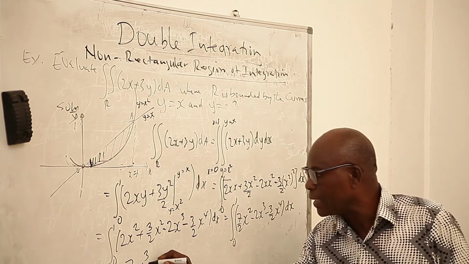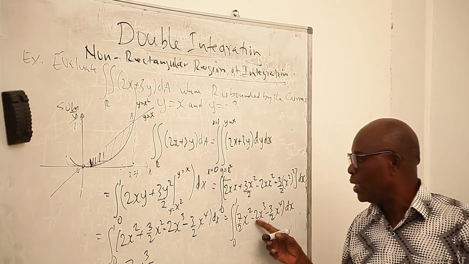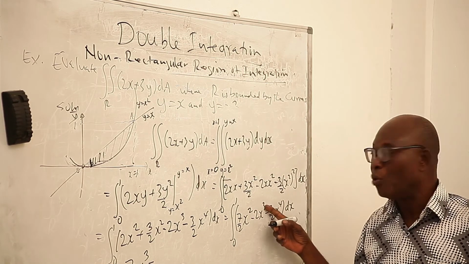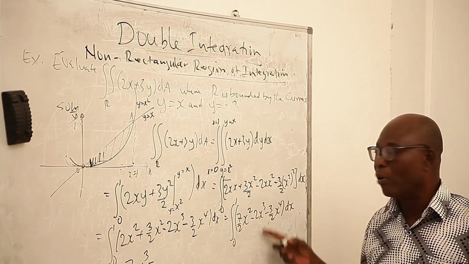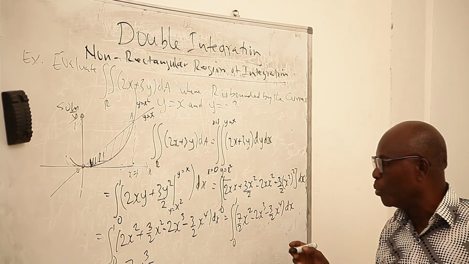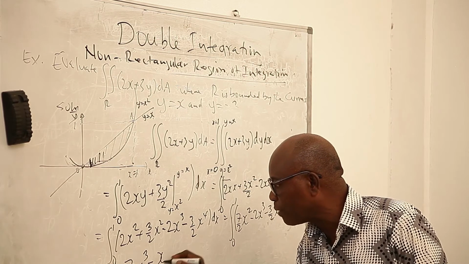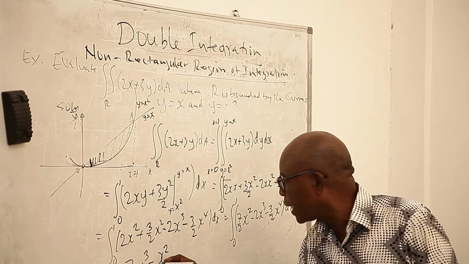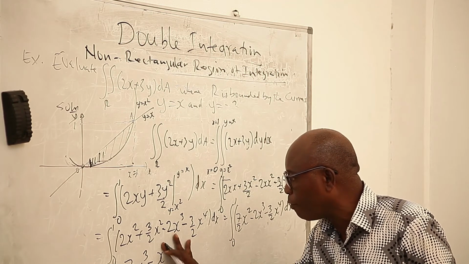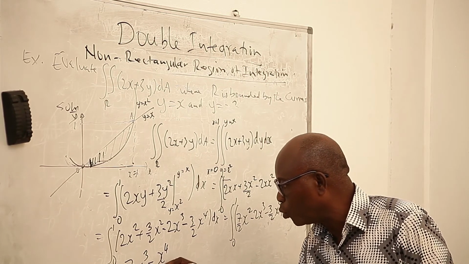Now minus, if you integrate 2x cubed, we're going to have 2x to the 4 over 4. So 2 and 4 will reduce. So we're going to get x raised to the power 4 over 2.